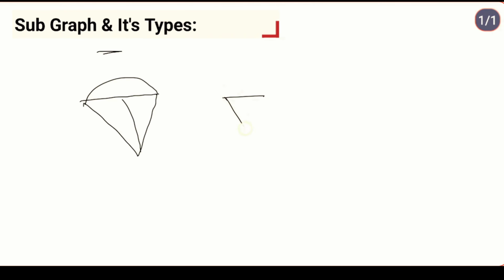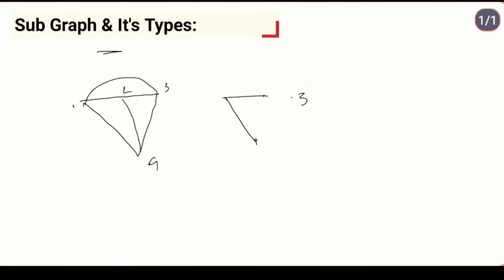If you consider one part, nodes 1, 2, 3, 4 like this, it is a part of the graph. It is a subgraph. We get a subgraph by removing some nodes. If you remove node 3, then it is a subgraph. If some branches are removed from a connected graph, you also get a subgraph.